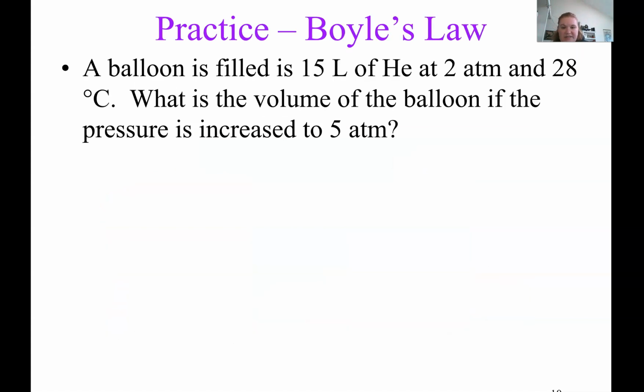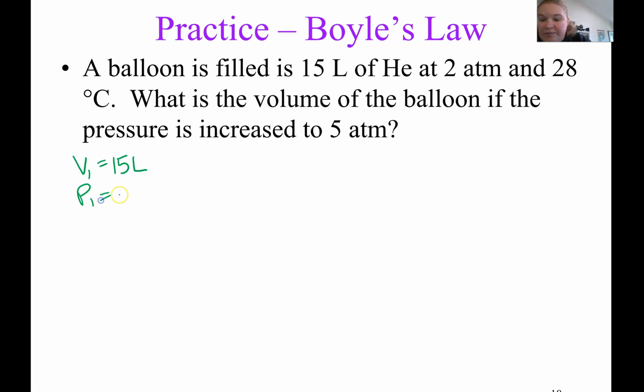So let's practice this and kind of talk about how to read these problems, because I know that deciphering word problems can be really tricky. So this says a balloon is filled with 15 liters of helium. Now when I read these problems, I'm going to start listing the information I read. Volume 1, 15 liters at 2 atmospheres. And I know that's my pressure because that's a pressure unit.